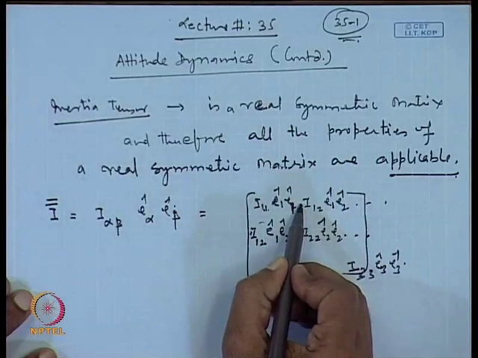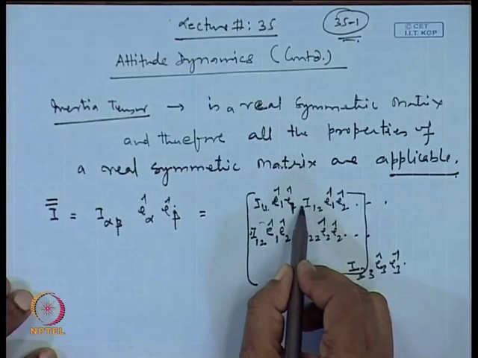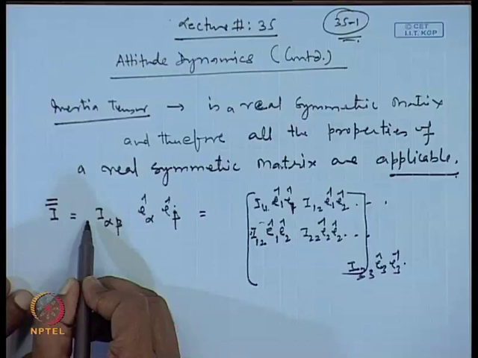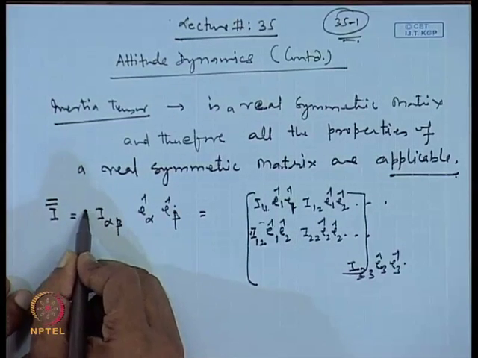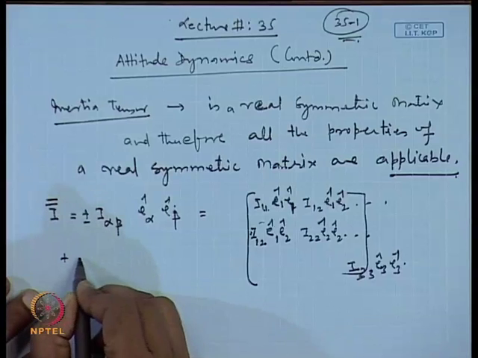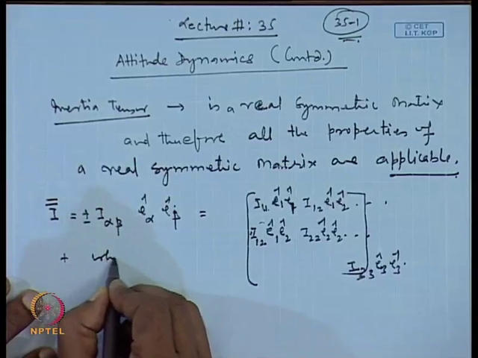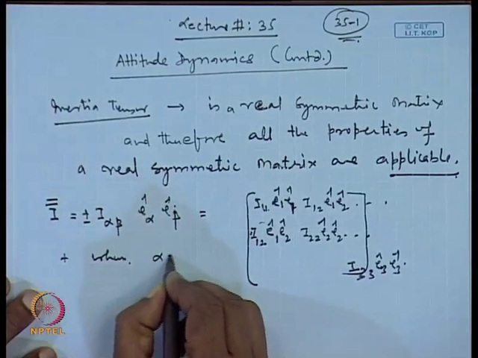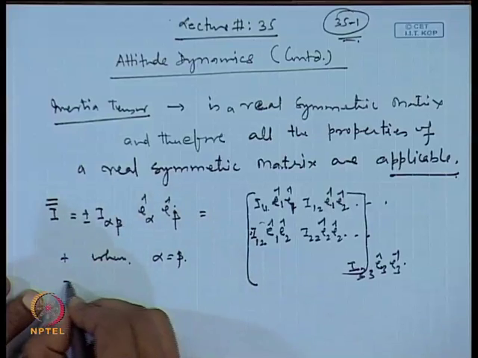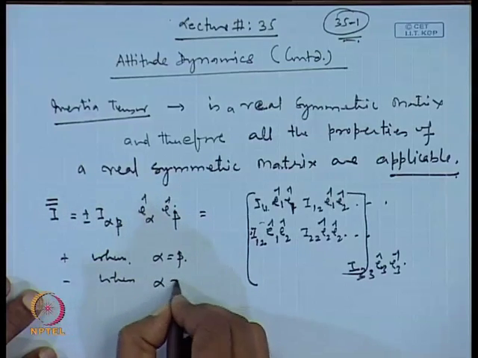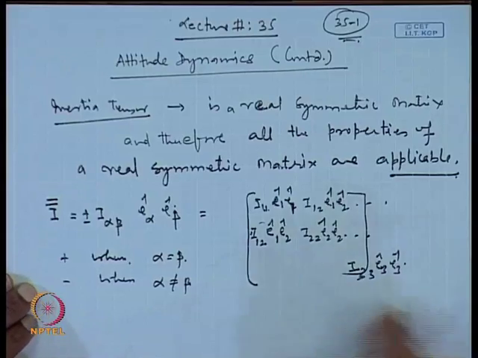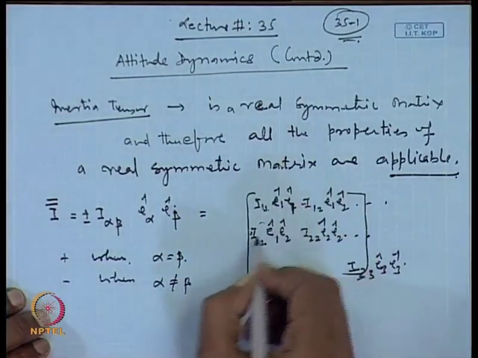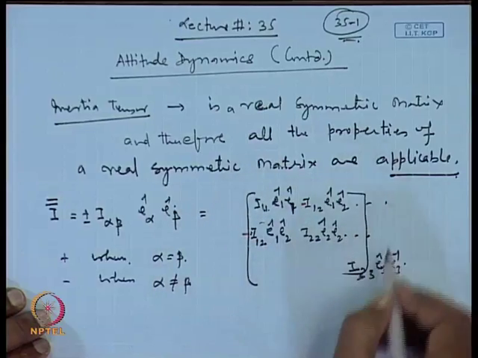And moreover, as I told you, a minus sign you can absorb in this place. If you absorb the minus sign, we can put here a plus minus sign: plus when alpha equal to beta, minus when alpha not equal to beta. That way you will be able to absorb the negative sign in all these places. Okay.